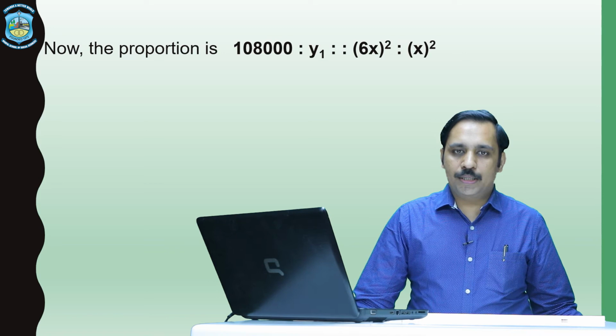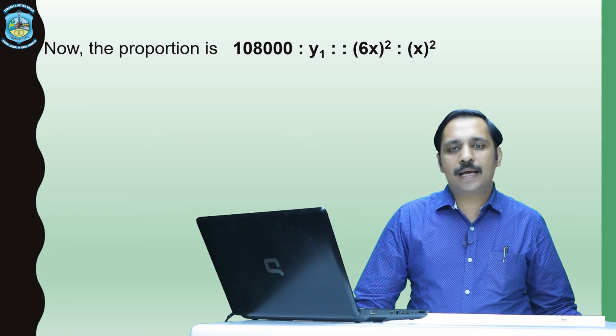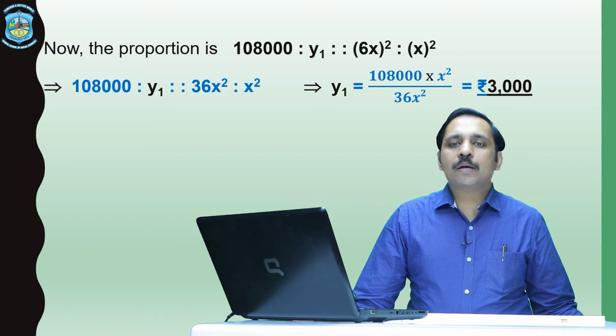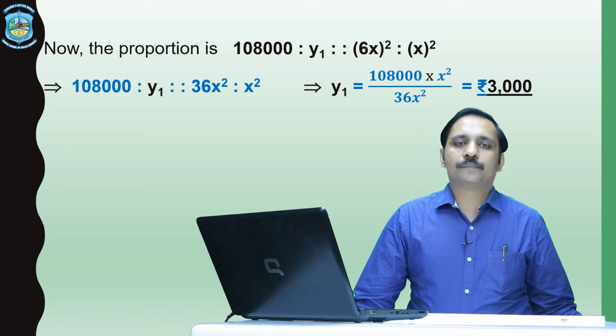That is, the proportion is 108,000 is to y1 is proportional to 6x square is to x square. On solving, we get the value of y1 as 108,000 into x square divided by 36x square. Here the x part got cancelled and the price of y1 is rupees 3,000.